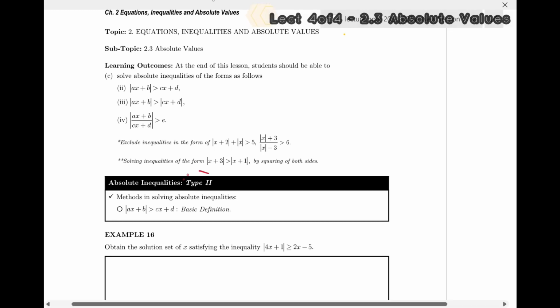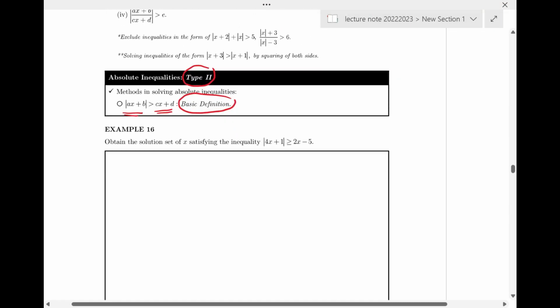For type 2, we have the absolute function on the left side, and we have a linear function on the right side. If we have this type of inequality, we can use only the basic definition. Let us go through example 16 right away.